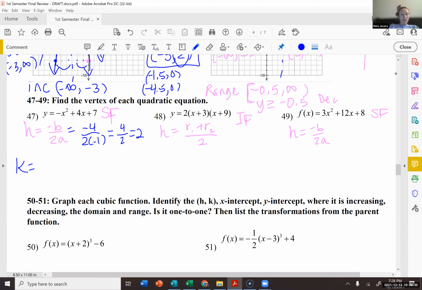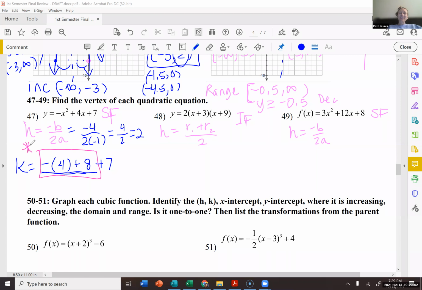And so that's going to be -2 squared is 4, plus 4 times 2 is 8, plus 7. So remember, here's the hint. It's 1 times the number, so 4, and then 4 times 2 is 8.